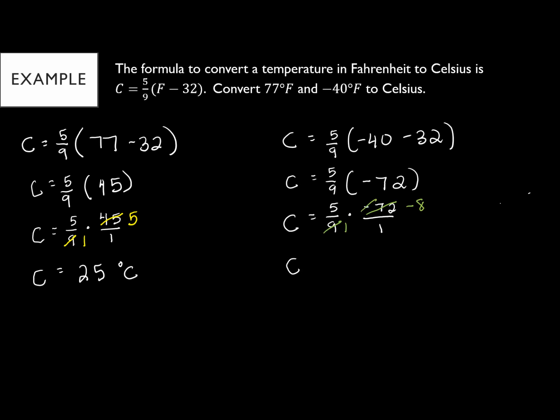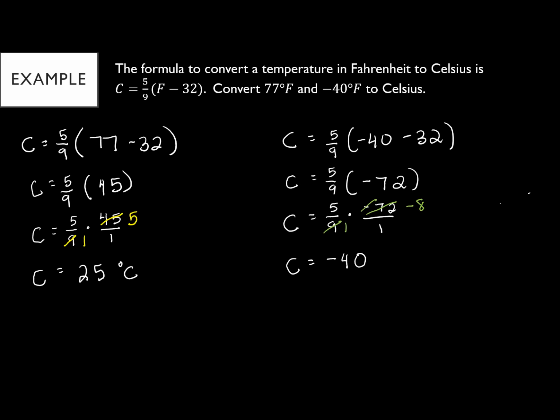So when we multiply across, we get 5 times negative 8. So this is not 5 minus 8. Remember, there's that multiplication sign. We're multiplying here. So that gives us negative 40. And then the denominator is just 1. Did I do my math right there? That comes out to negative 40 again.